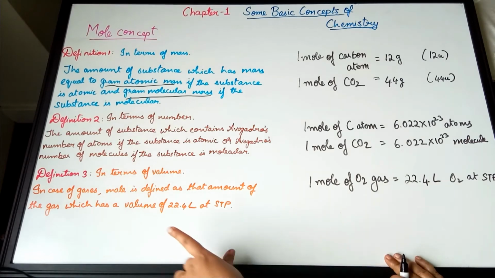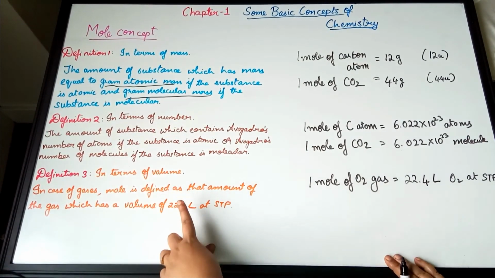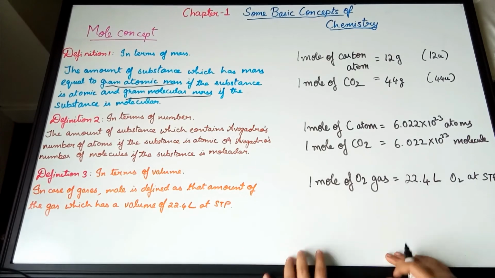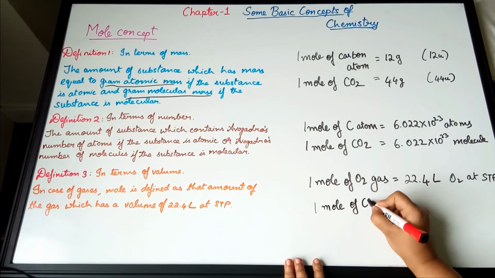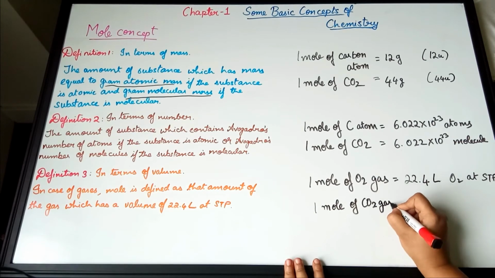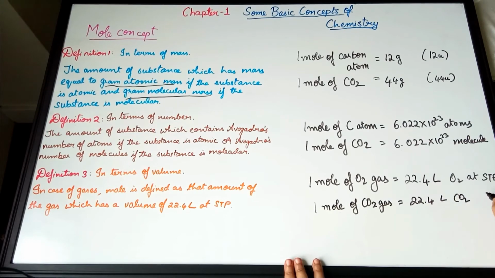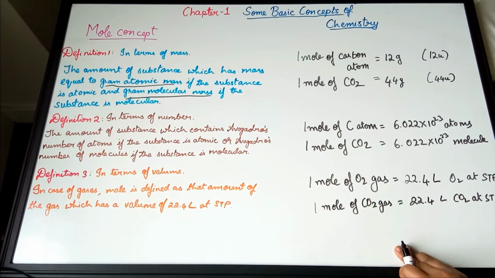So in the case of gases, mole is defined as the amount of gas which has the volume of 22.4 liters. Even if I say 1 mole of carbon dioxide gas, it will have 22.4 liters of carbon dioxide at STP. So basically, over here we are taking three definitions.